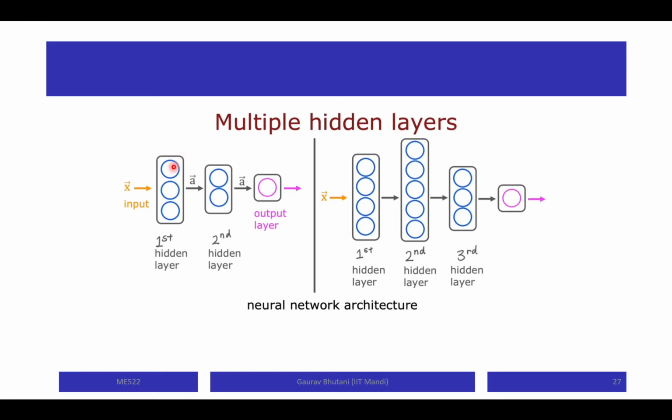One neuron is one linear regression or one logistic regression. What does a regression do? It takes some input data x1, x2, x3, x4, and builds a model f which is w1 x1 plus w2 x2 plus w3 x3 plus w4 x4 plus b, and it results in one output value. That's what one neuron does.